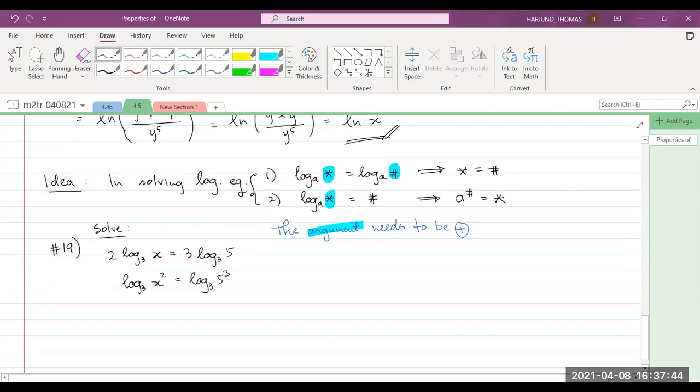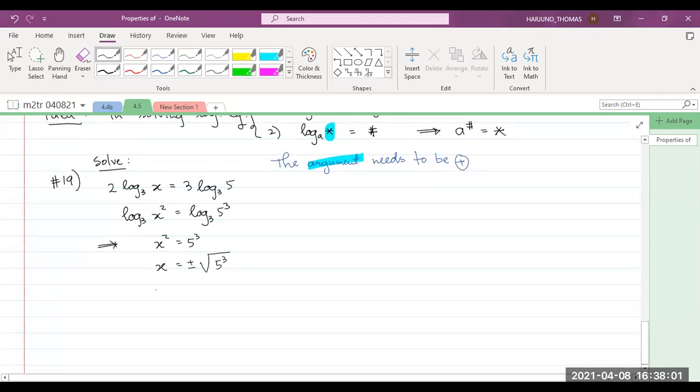So log blah equals log blah implies blah equals blah. So x equals plus or minus the square root of 5 cubed, which is plus or minus 5 radical 5.